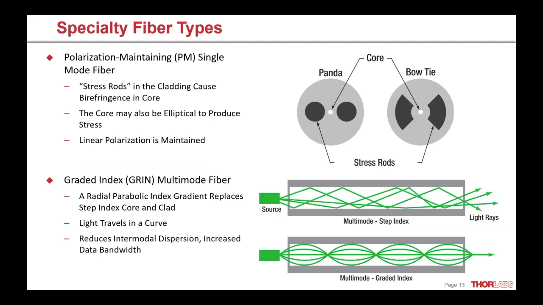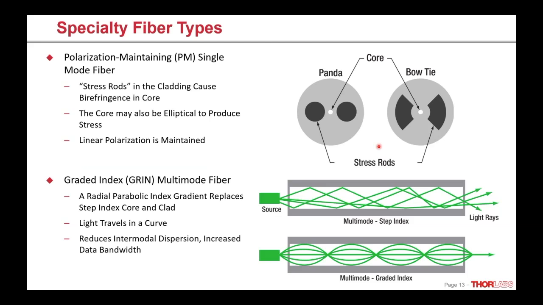That can be due to something like stress rods embedded in the cladding. It can also be made by making the core elliptical, different strategies like that. But however we do it, the idea is the fiber now has birefringence. It has a fast and a slow axis, and light that's coupled into the fiber with linear polarization has that linear polarization maintained through the fiber, even as the fiber is bent and manipulated.